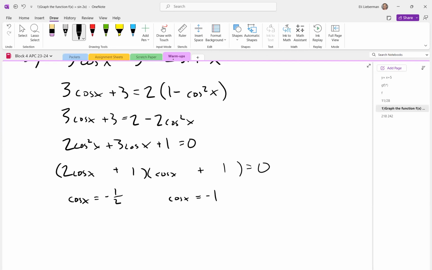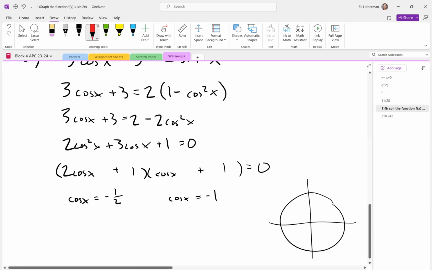We're still on the interval from 0 to 2 pi. Just let's do from 0 to 2 pi. You see what those solutions are? I think we've done problems similar to this today.